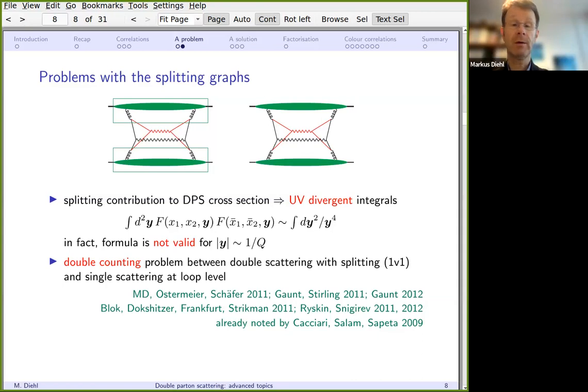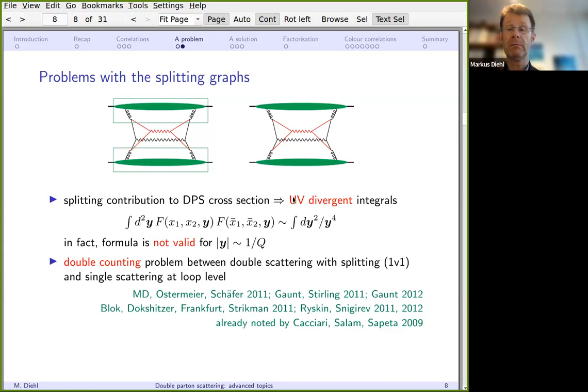So what can we make of that? People actually realized that earlier, even outside the DPD community. But in the early days it was a real problem when it became clear. First of all, the cross-section formula for DPS is giving you a singularity.